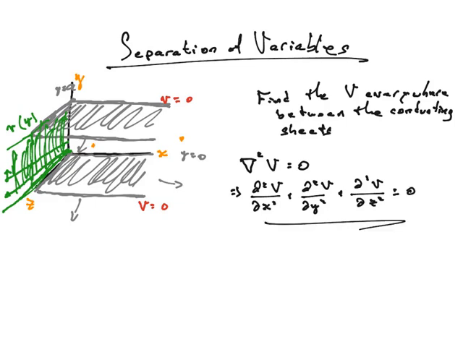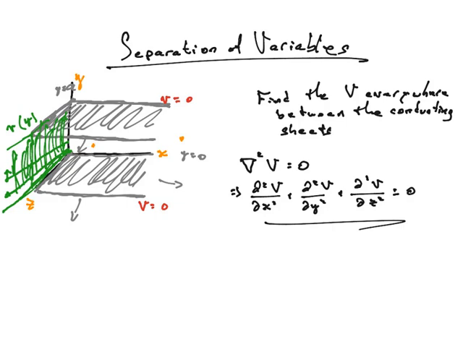So that's what we have to solve for in this situation. With these boundary conditions, the potentials are 0 on the gray sheets. The potential is a function of y on the green band. And there's no z dependence.